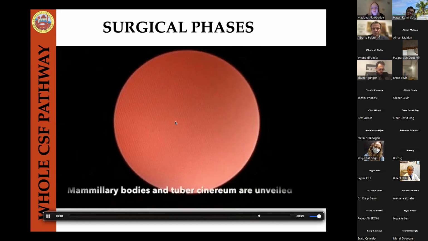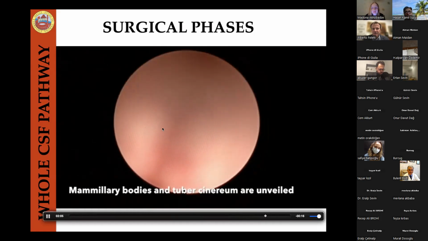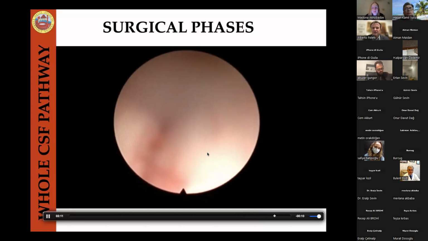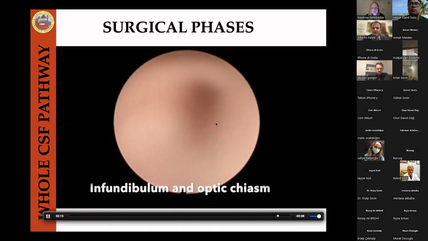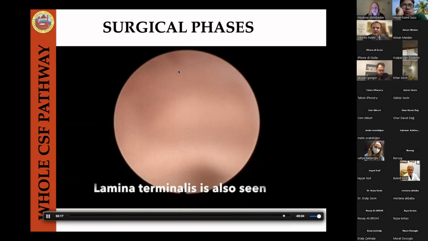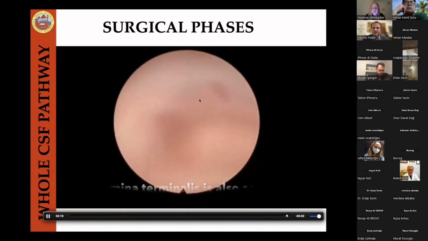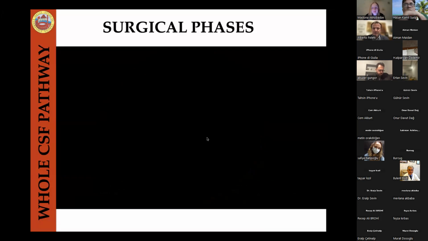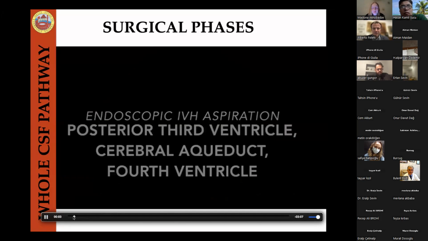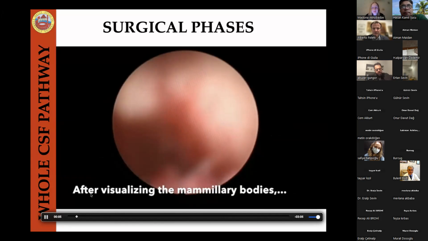Very soon you will see the mammillary bodies here and the tuber cinereum here. Of course, the vision is quite hampered by the dirty CSF, but here you can see the infundibulum, the optic chiasm, the lamina terminalis, and then you can bend the tip of the endoscope towards the posterior part of the third ventricle.